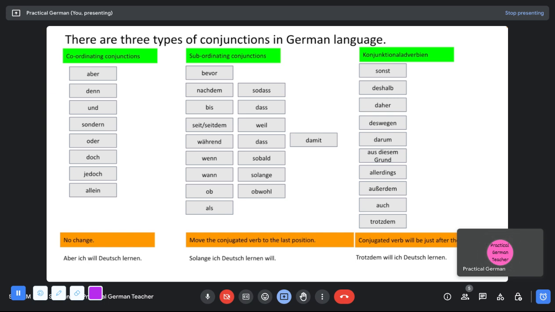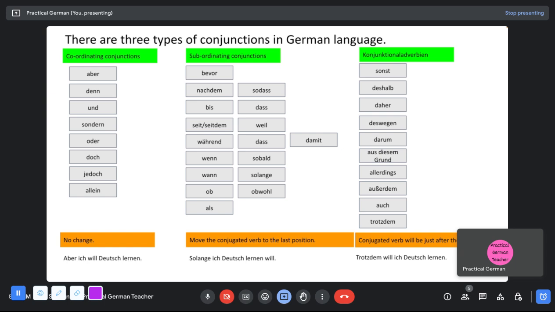Okay, we can move on to subordinating conjunctions. Bevor is before. Nachdem is after that, or thereafter.